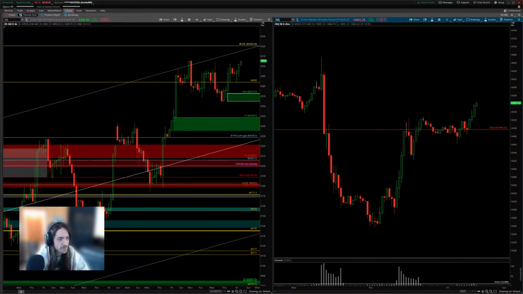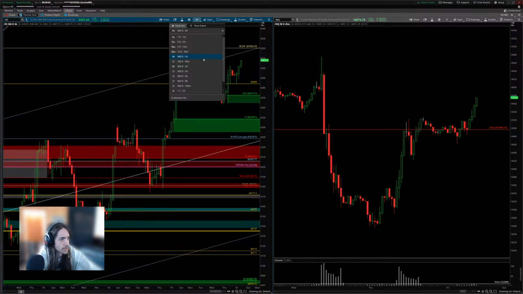So if you're on TradingView, you'll see a big gap up. If you are on TOS, it's still the same contract, so we're not gapped up on TOS. It gives us an easier chart to use.